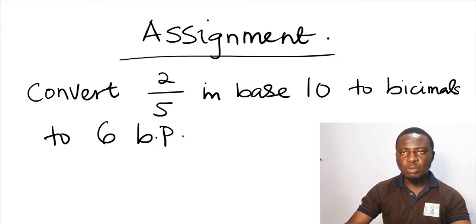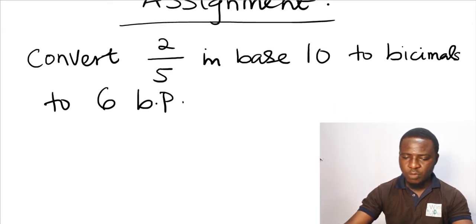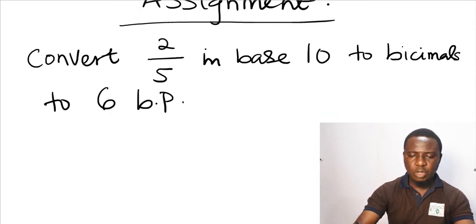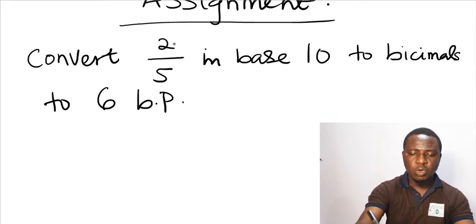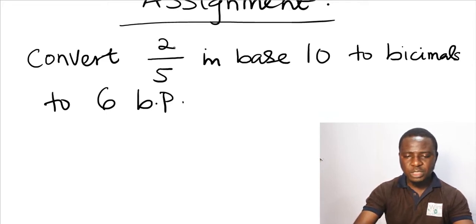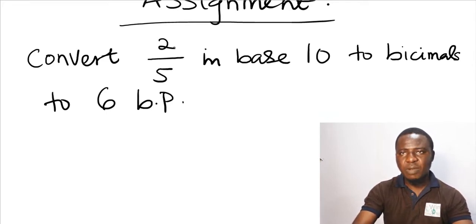I'm going to use both methods in solving this. The first thing to do is to convert 2/5, which is a proper fraction, to a decimal fraction, and thereafter find its equivalent in base 2, because we are asked to convert it to decimals.